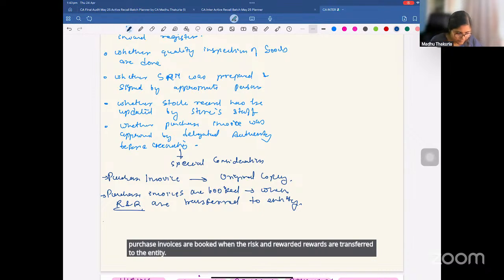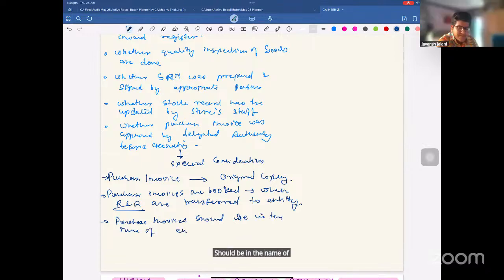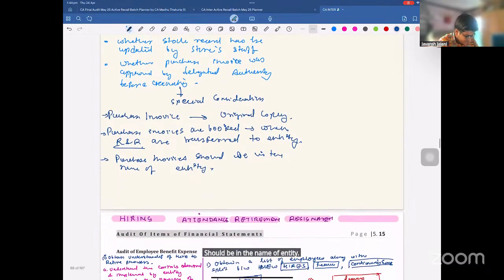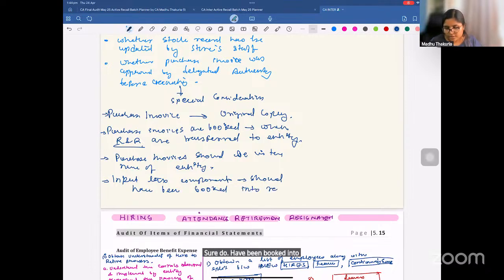And then purchase invoices should be in the name of the entity. Then the input tax component should have been booked into the respective ledger.